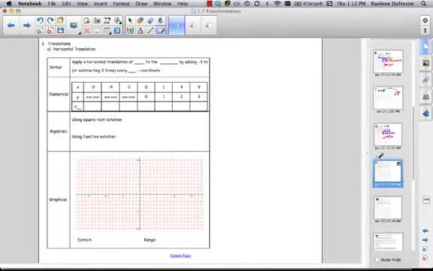This one is often known as a shift, but I'm going to call it a translation. The reason for that is that our transformations will be R for reflection, S for scale, and a different letter, T for translation, as opposed to S for shift. The alphabetical order will be helpful in finding the order that we apply transformations.